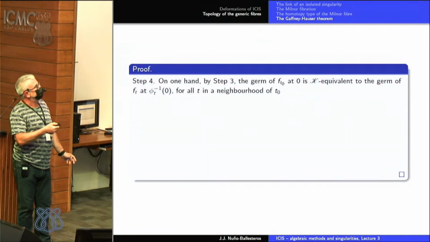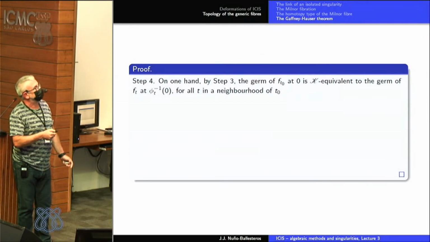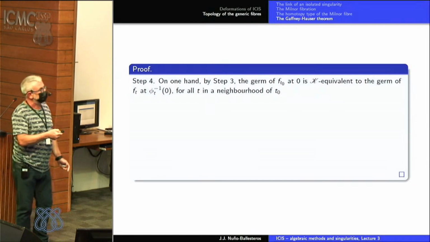And finally, step 4 is that on one hand, by step 3, you know that for any t0, the germ of ft0 at the origin is K equivalent to the germ of ft at phi t minus 1 of 0 for all t in a neighborhood of t0.